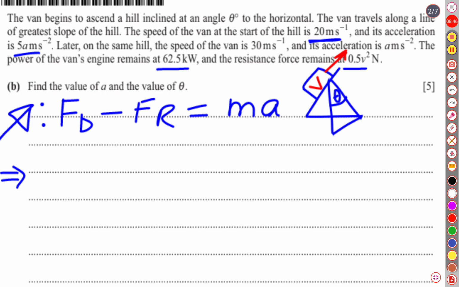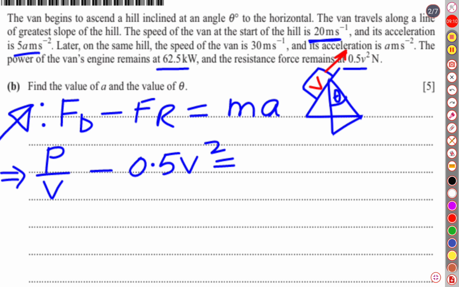Our driving force is the same formula: power over velocity, minus the resistance to motion, which is unchanged, 0.5 v squared, equal to mass times acceleration. Acceleration is to be obtained and mass is 2500.